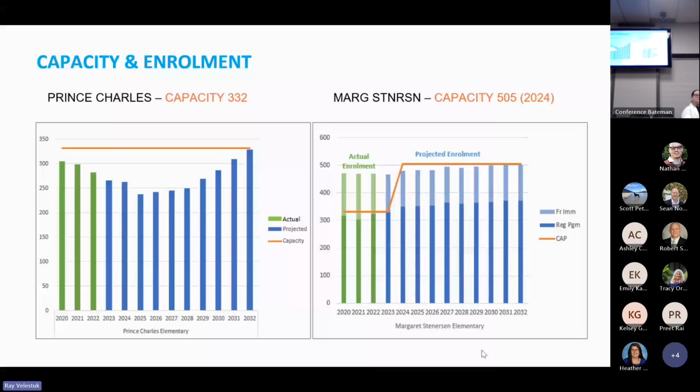And if another issue came up, like a big development that we missed, then you're kind of too late. So we were kind of in the background anticipating some growth in enrollment at Stennerson to begin with, to be able to justify the increase in capacity.